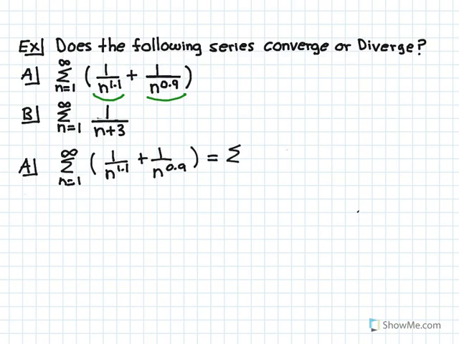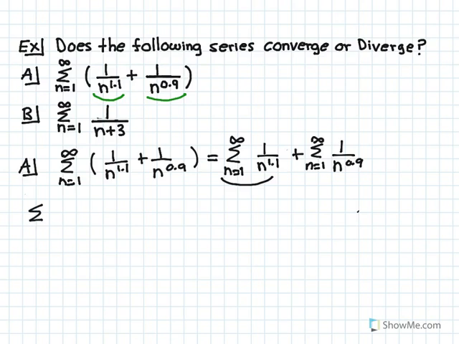This is equal to summation n equals 1 to infinity 1 divided by n to the 1.1 plus summation 1 divided by n to the 0.9. Now we can evaluate the sum separately, because we have the sum of two separate series. Now, they're both p-series, but one of them will converge and another one will diverge.